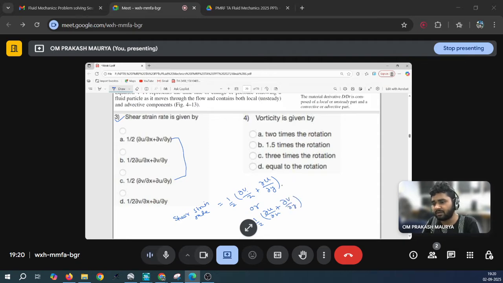Which option should be correct? Just think on that.